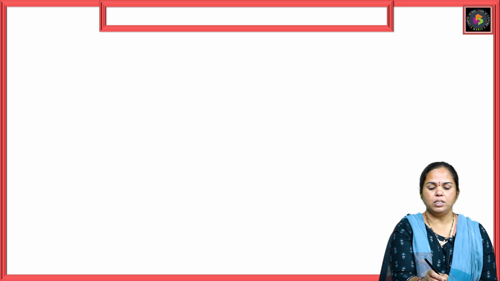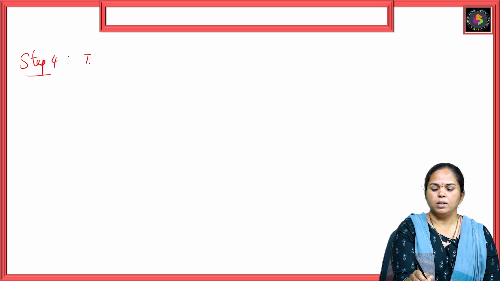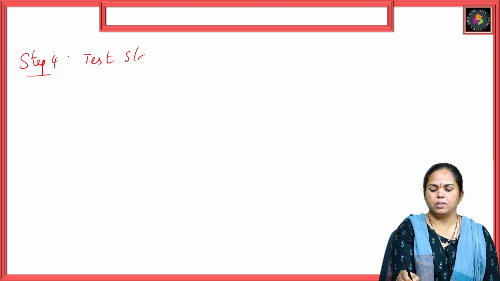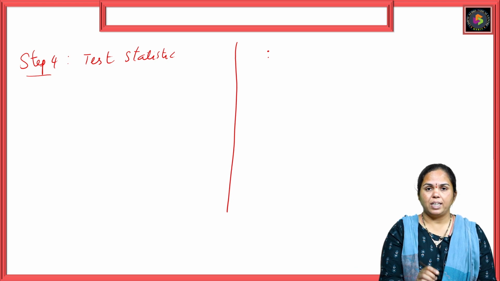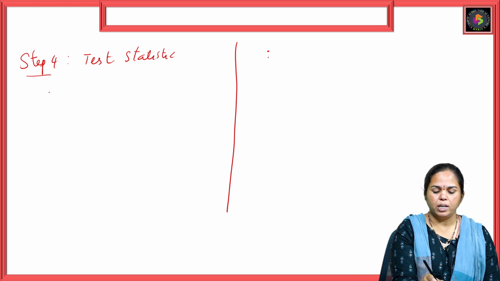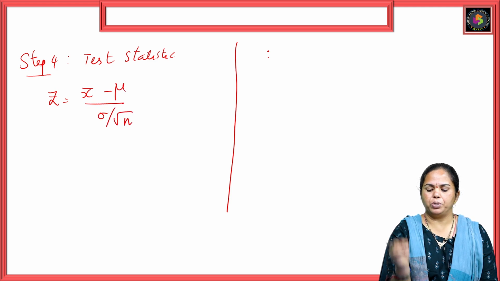So now comes the step 4, test statistic. So in this test statistic, when you go for a single mean of Z, Z equal to X bar minus mu by sigma by root n.